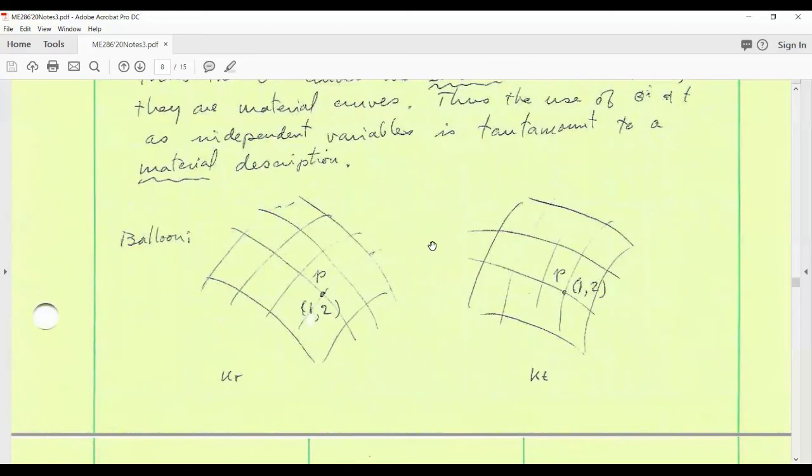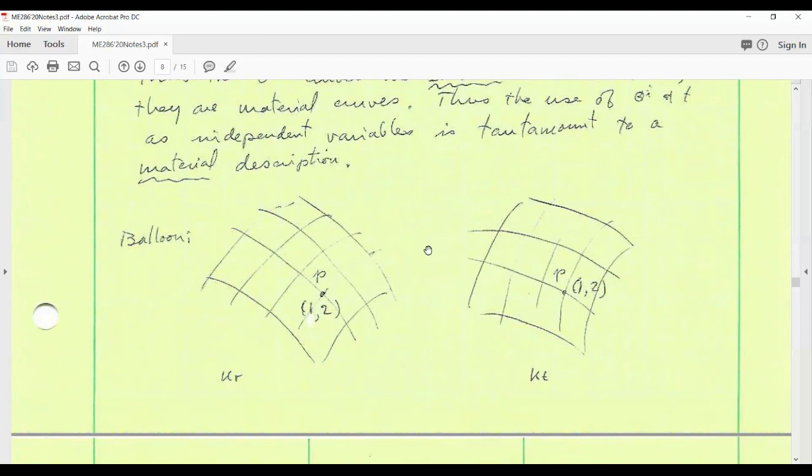The coordinates convect with the deformation of the body. We call them convected coordinates, such that a given material point has the same coordinate labels. In this case, there are only 2 coordinates on a surface. A material point is perpetually identified with a single pair of coordinates, in this case 1, 2.